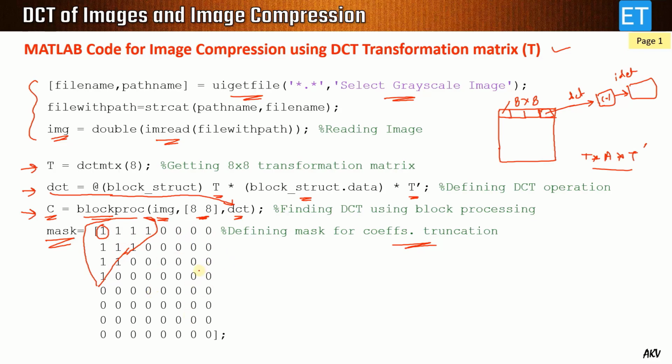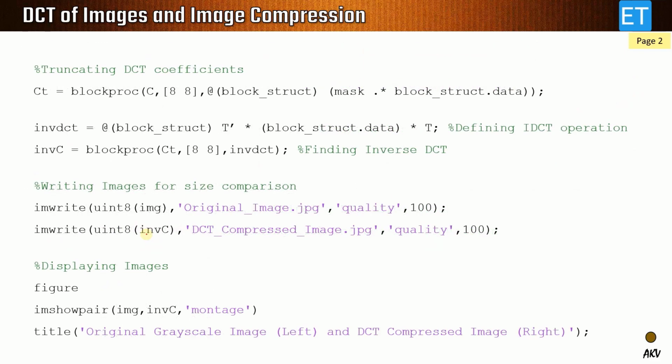So what I have to do is simply multiply this mask to the coefficients. Okay. So again, I have to do the block processing. Here you can see in truncating DCT coefficients, with the block processing, you are passing these DCT coefficients, then you are defining the 8 by 8 block, and then you are doing this operation.